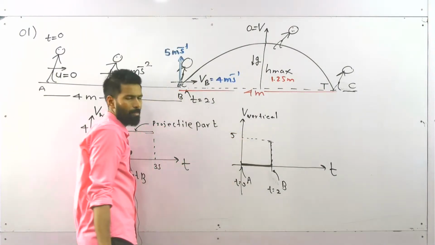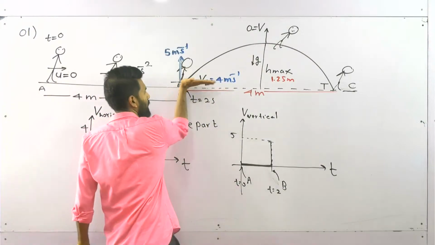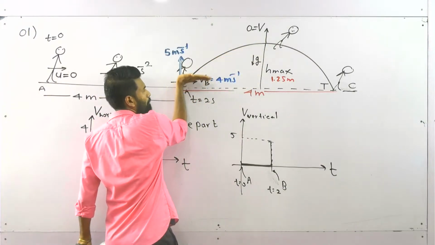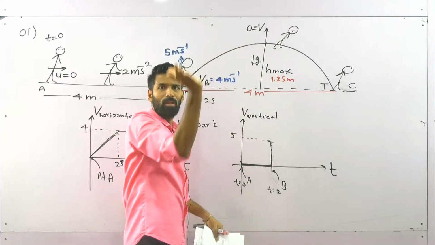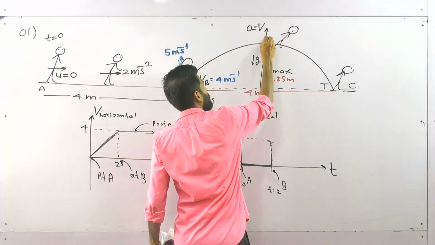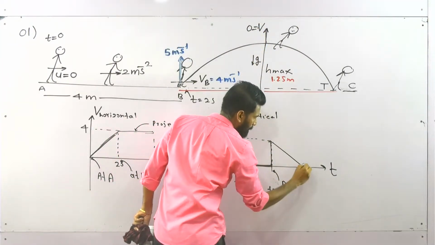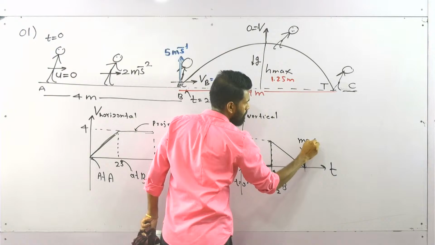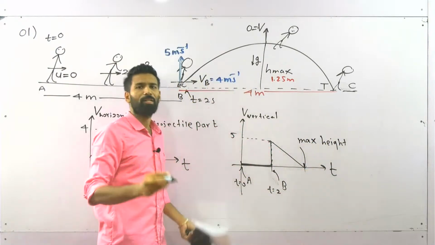After that, she moves up until the max height. When she is moving up, her velocity reduces, and at the highest point, the vertical velocity becomes 0.